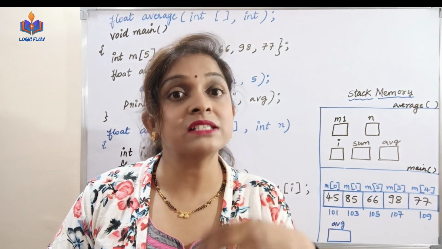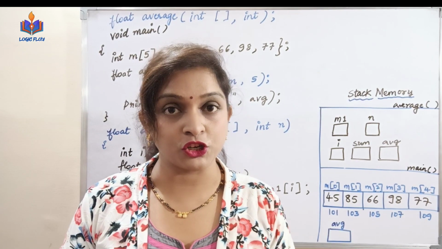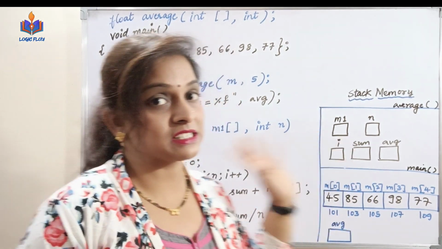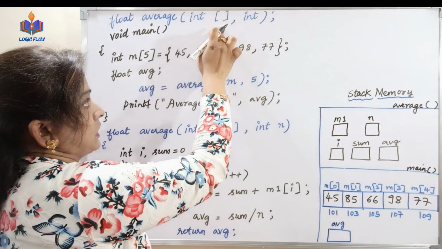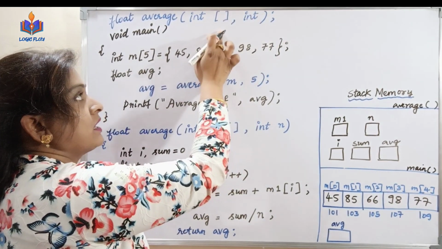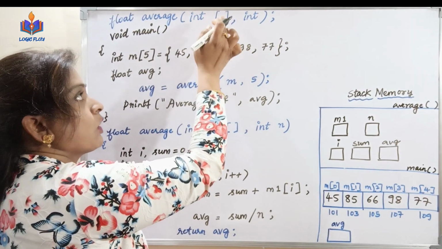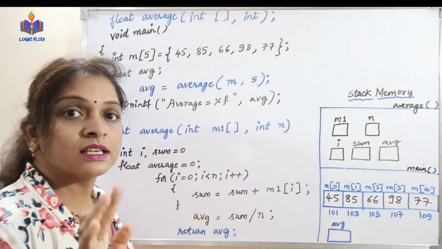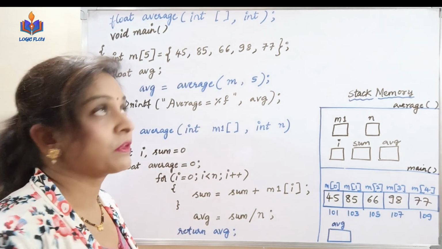We simply pass the array to the function. But how to pass this complete array to the function? One method we have seen in the previous video. The other method is like this. We provide the array subscript, indicating that we are sending an array. As soon as the compiler encounters this function declaration and checks the argument here, it gets to know that the function is receiving an array.